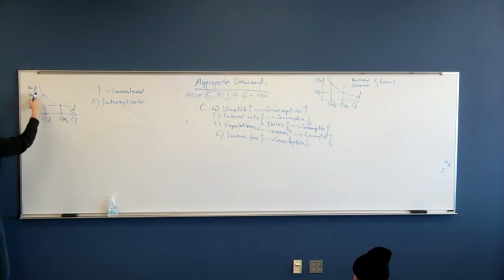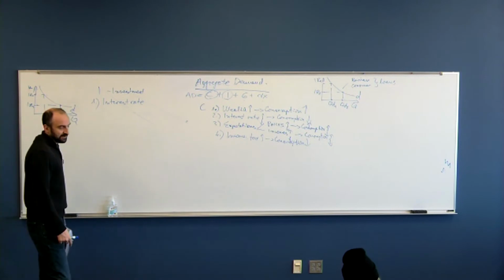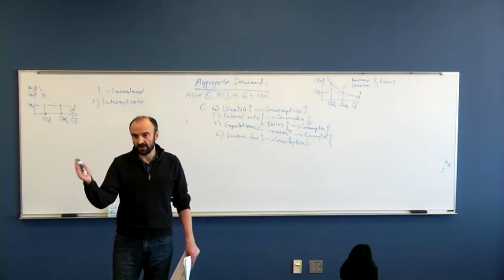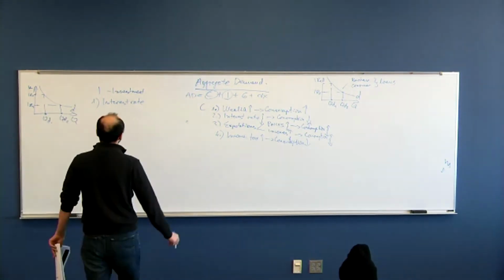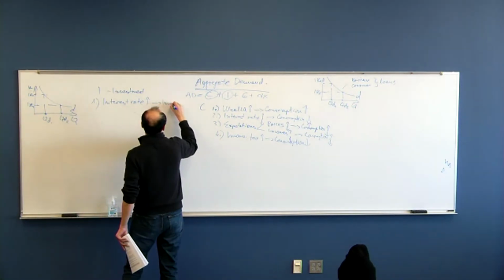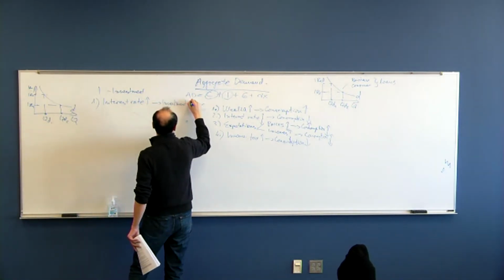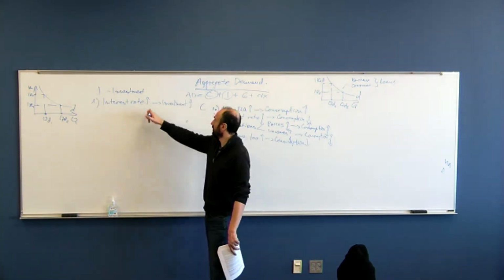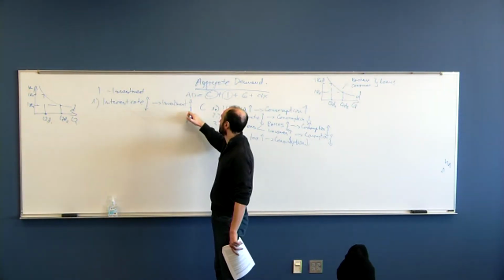As the interest rate goes down, quantity demanded increases. So the interest rate is again inversely related to the level of investment. If it decreases, investment increases, and vice versa.